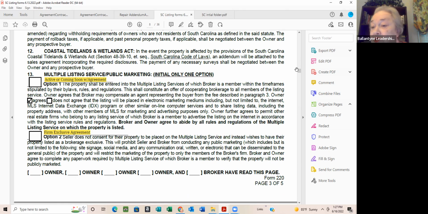It's called firm exclusive. Firm exclusive just means that no one outside of the agents in our firm can see that house. Now, there is a difference from the coming soon in the fact that you can show the house when it's under firm exclusive. It can be shown. You cannot make the advertising public in the sense you cannot have a sign in the yard.